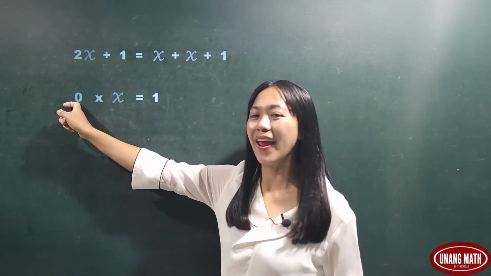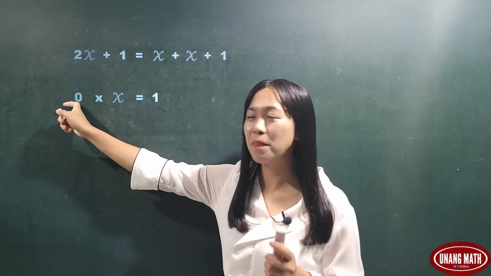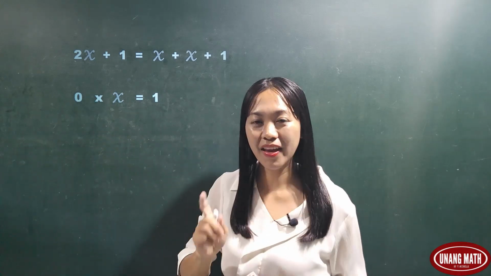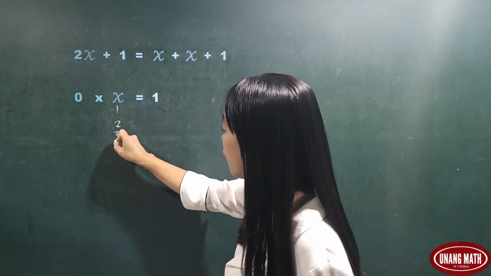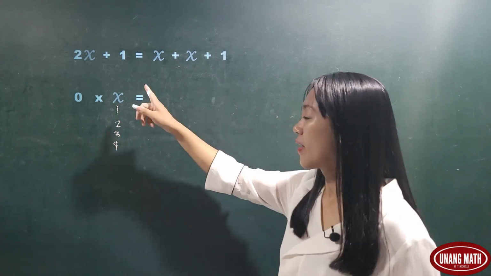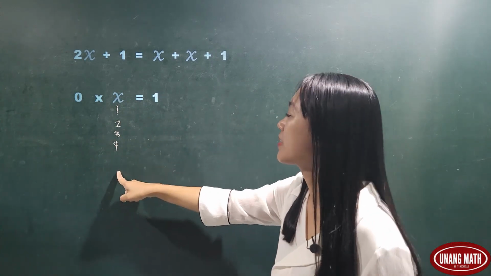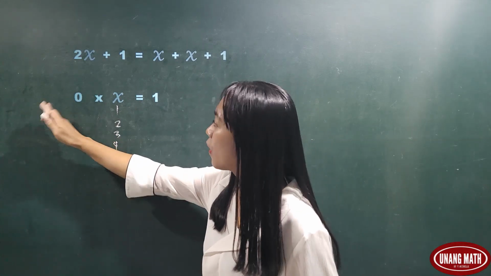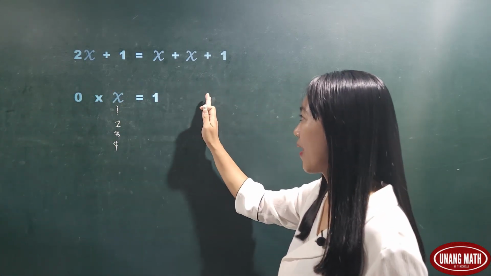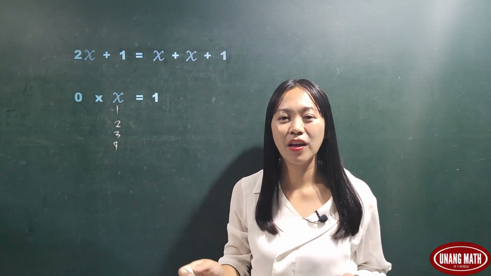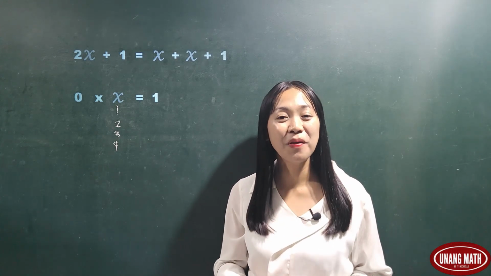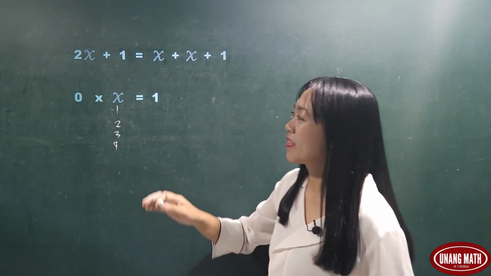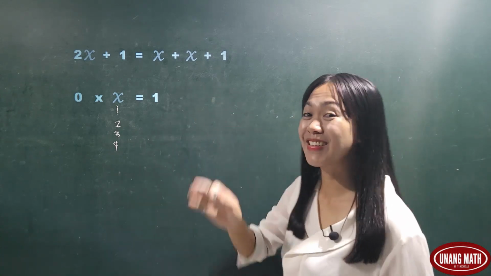Remember, any number multiplied by 0, the answer is 0. So if x is 1, 2, 3, 4, regardless of the values of x, the number on the left side and on the right side are not equal. So it's always false regardless of the values of the variable. But this equation doesn't have a name.